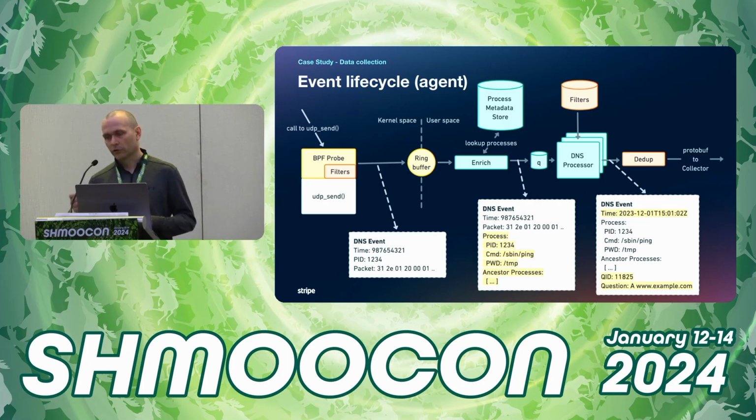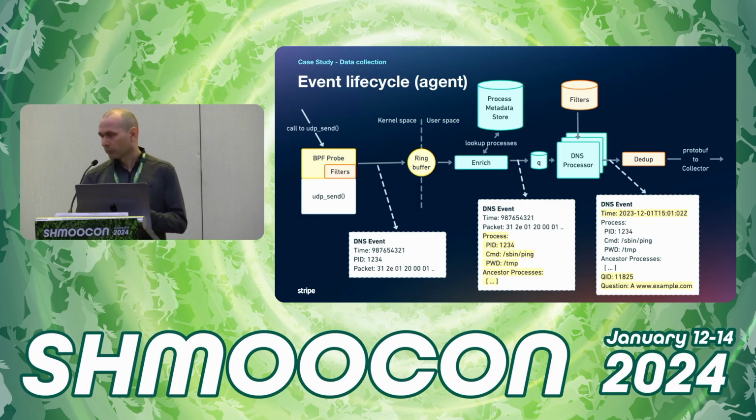It's not usually enough to know that it happened on a specific host. You need to know where it came from. Specifically, which process made that DNS query. And even further, we want to know which process made the process that made the DNS query. So the whole ancestry is useful as well, up to and including PID 1 if possible.